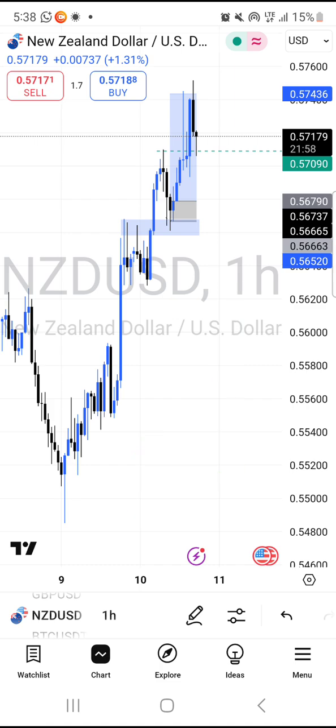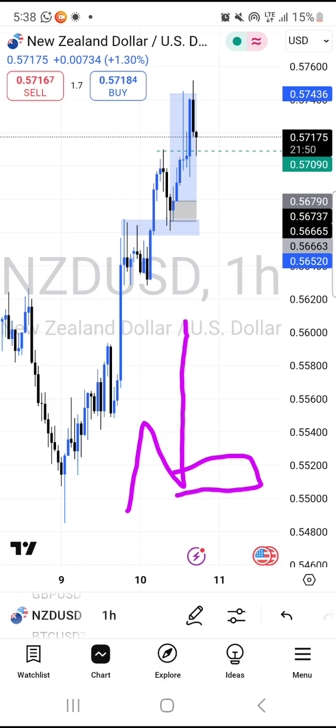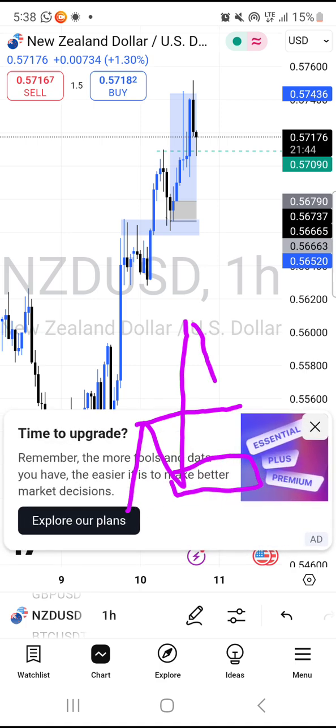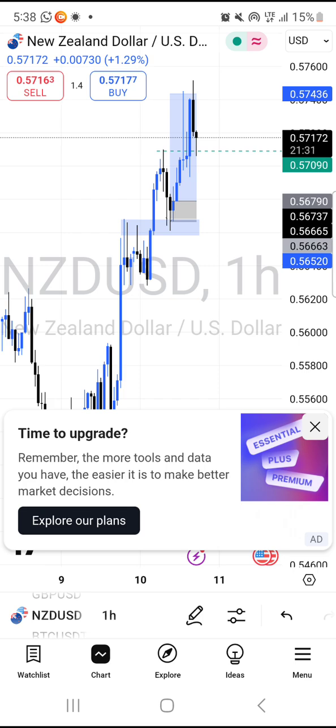But most times when the market moves up like this, the market does not come back to that candle again. Market comes back to this high that is broke. So the market will do something like this.